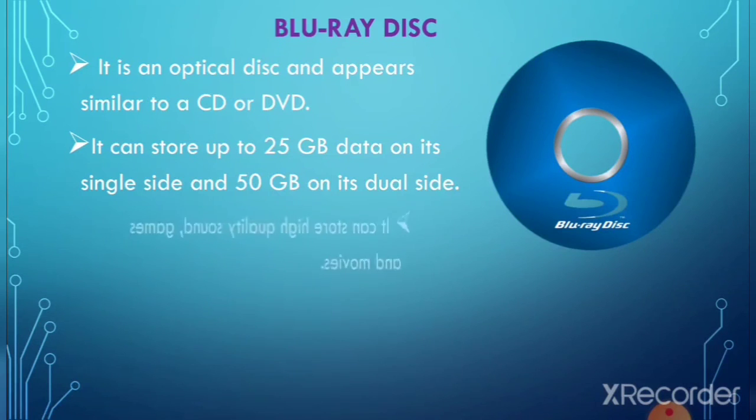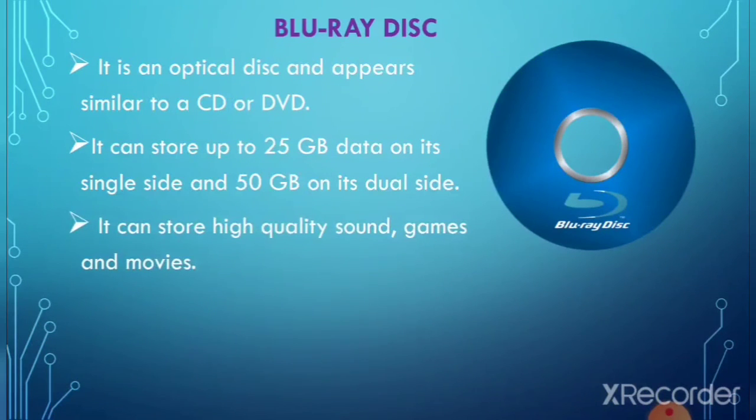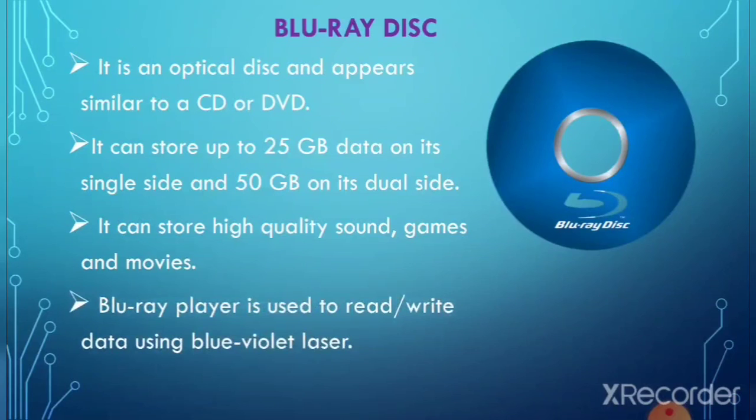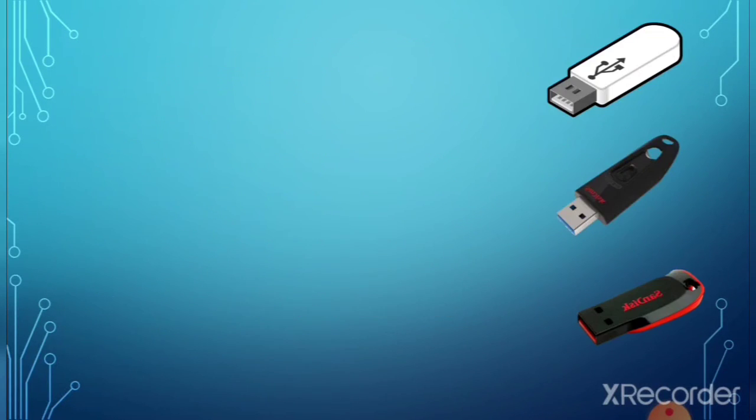One side 25 GB and another side 25 GB. It can store high quality audio, video, sound and movies because it has large storage capacity. A Blu-ray player is needed to read or write data using the blue violet laser on the Blu-ray disc.